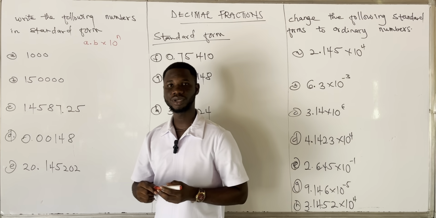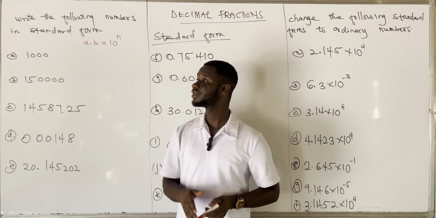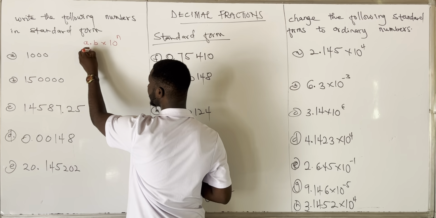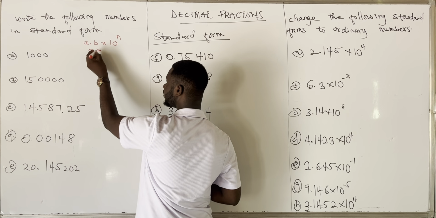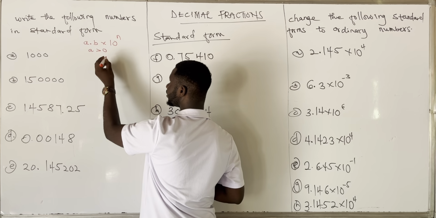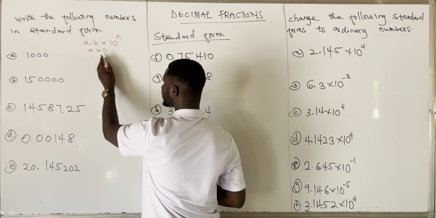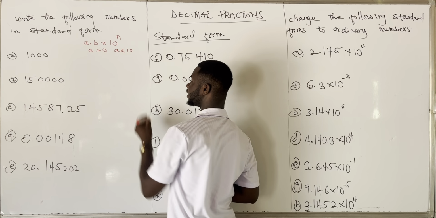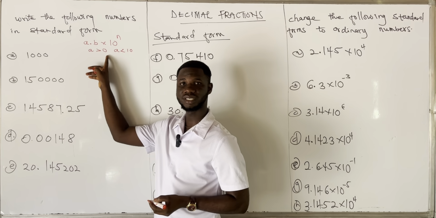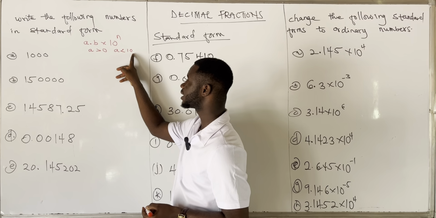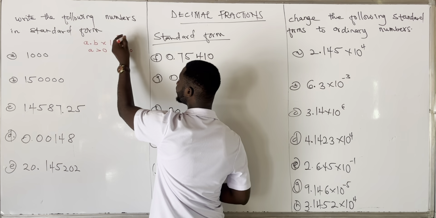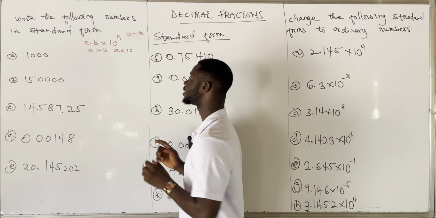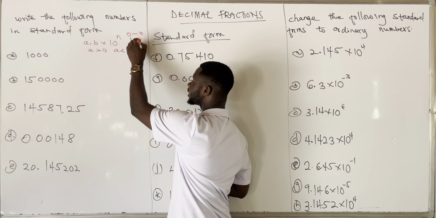The n can be positive or negative. And also the value a here, the a must be greater than 0 and also it must be less than 10. That means between 0 and 10, that is from 1 to 9.